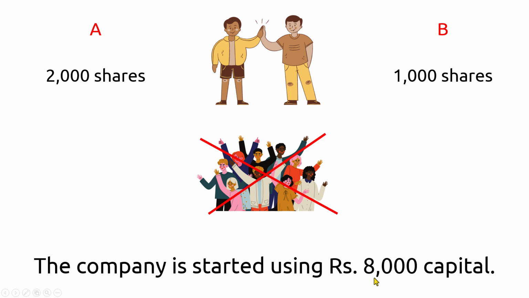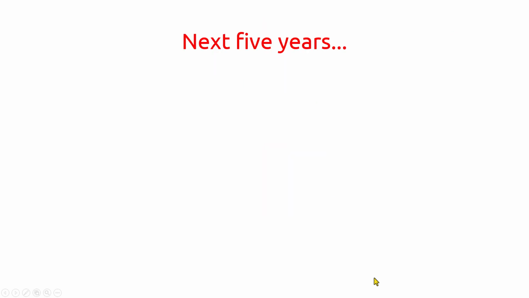So they start using 8,000 instead of 10,000, and there are no shares for the public. Over the next 5 years, the promoters work very hard to establish the company, to market their product, to sell their product.